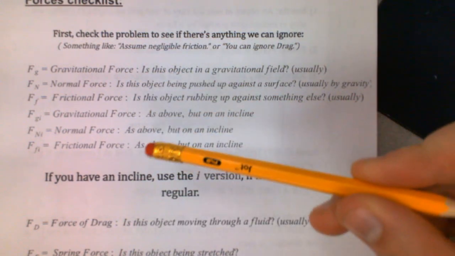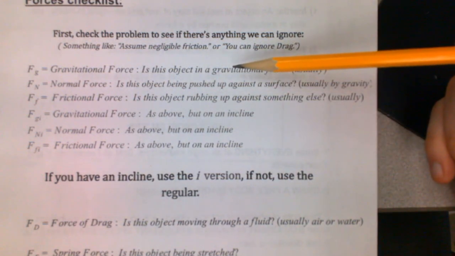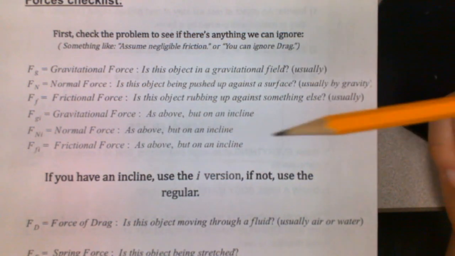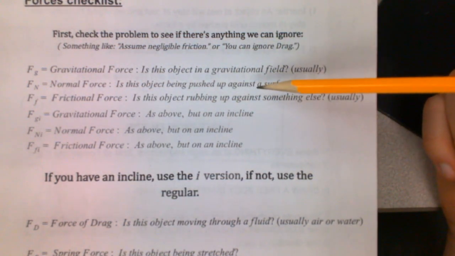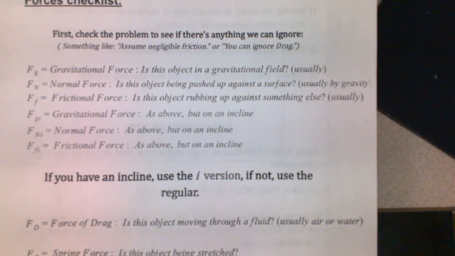Frictional force, normal force, gravitational force. We're dealing with planets in the solar system, so gravitational force is not an object falling down to the ground, right? It's just a planet that has its own gravitational field, so no. Normal force, nothing's pushing up against nothing. Frictional force, nothing's rubbing up against anything. So this whole bit, we'll ignore.